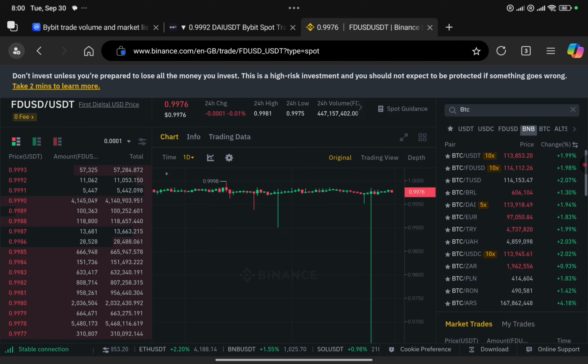So it says BTC USDT is $113,852. Obviously the market is moving, so you shouldn't be comparing with the price in Bybit, right? And you can see FDUSD is also very expensive, more than the BTC USDT. So you go ahead and do the calculation.